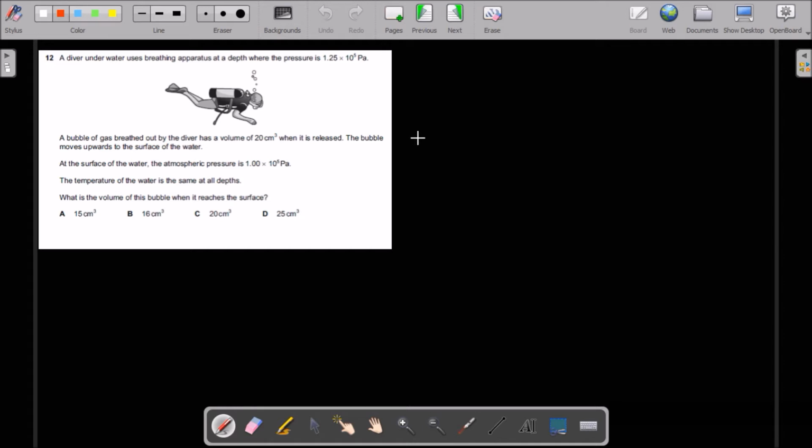The temperature of the water is the same at all points. So, when the temperature is the same at all points, you can use Boyle's law. According to Boyle's law, P1V1 equals P2V2 in the second position.